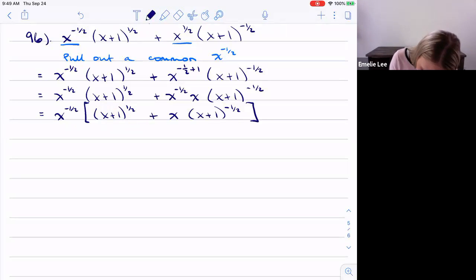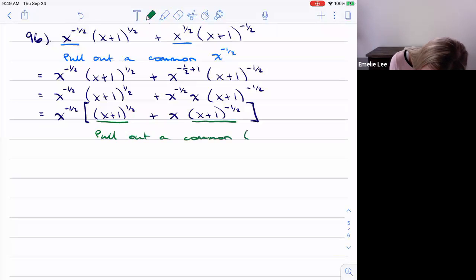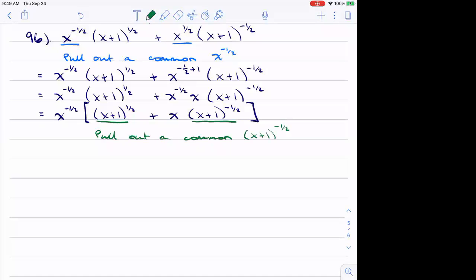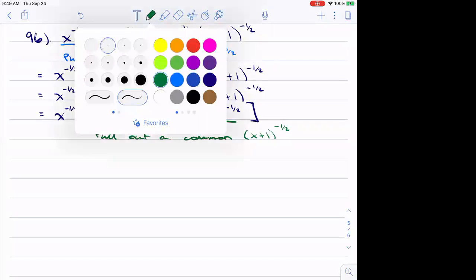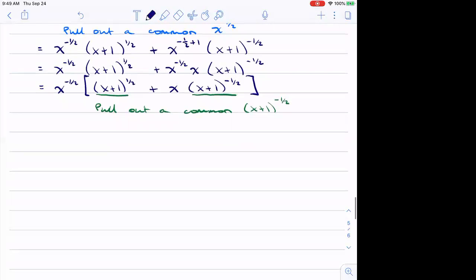Okay. So now we're going to pull out a common x plus 1 to the negative 1/2.